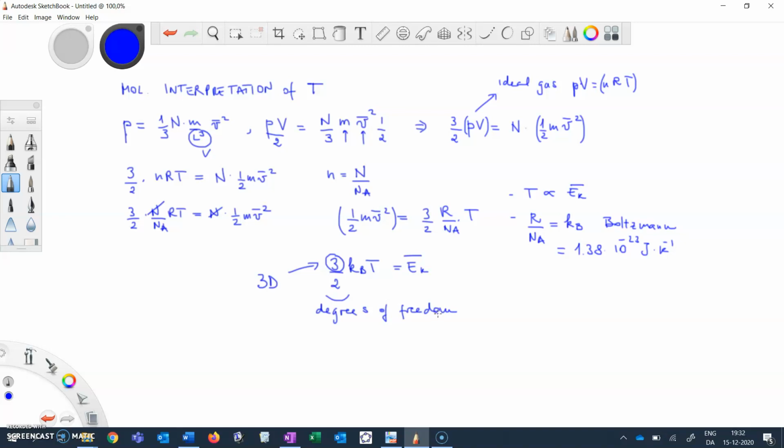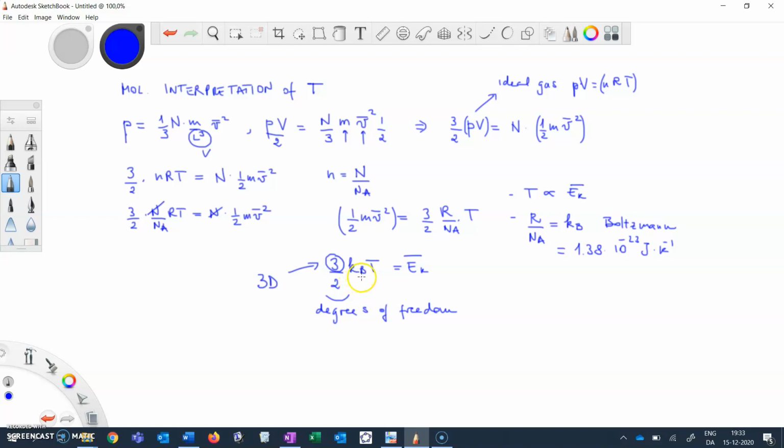But let's assume that there are molecules with some symmetries and rotational movement and so on. Well, this number will increase, because the degrees of freedom, the freedom of moving in different directions, plus the rotational symmetries of the system, are going to give a higher number of degrees of freedom, and therefore the kinetic energy could be higher in principle.